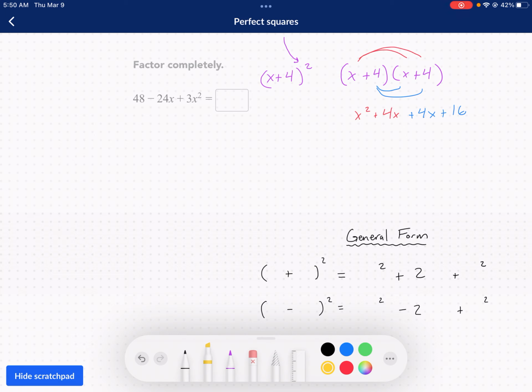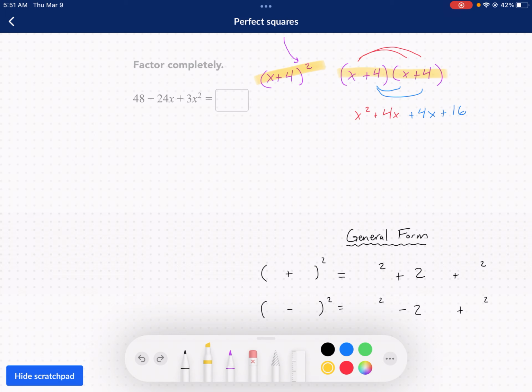Let me talk about briefly what is a perfect square trinomial. A perfect square trinomial looks like that, and it's because it's got that squared there. It's a binomial that's squared. And when you expand it, it looks like that, and then you can see that I multiply it in this step.